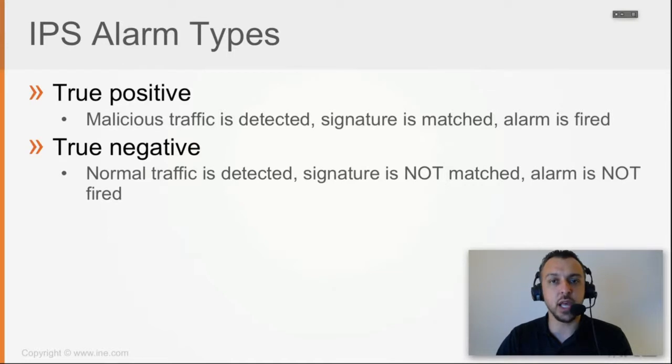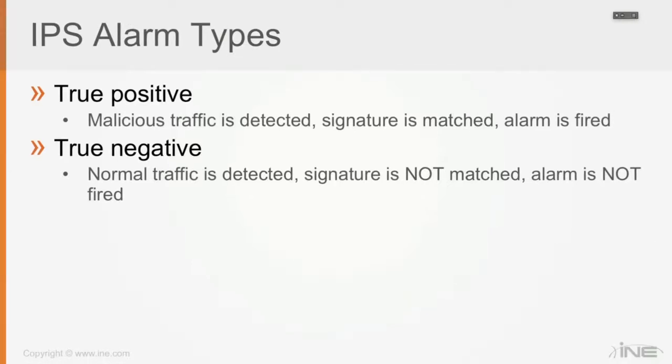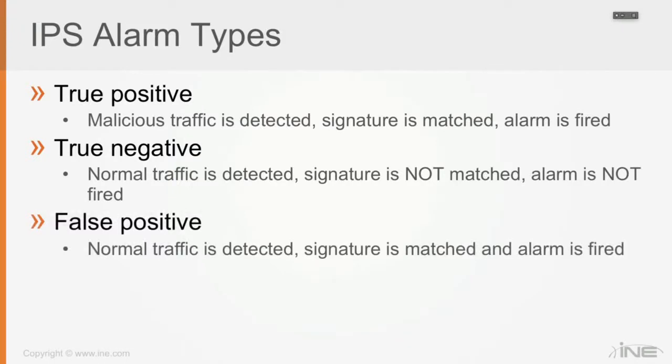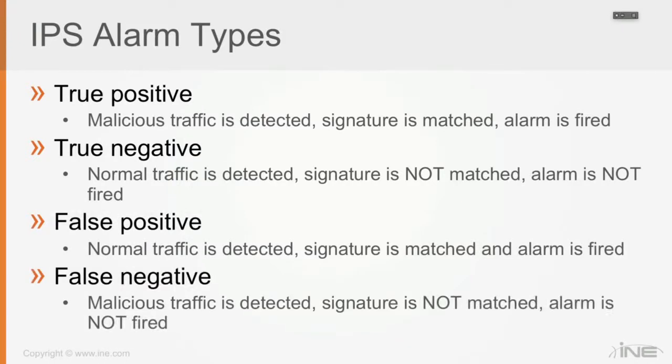This is a desired behavior. True means the correct action has been taken: either positive, to fire an alarm because malicious traffic was detected, or negative, not to fire an alarm because no malicious traffic was detected. And then of course we have false positives and false negatives. Because both of them are of type false, it means this is not what we want the IPS to do. It's a false response.